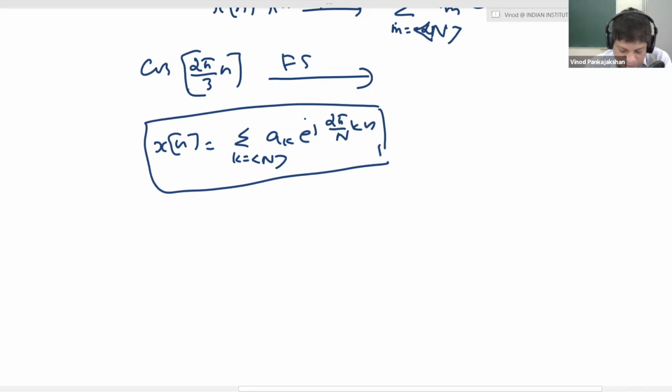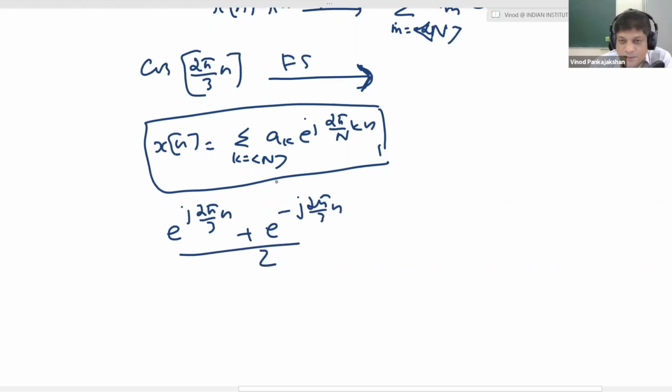My question is, what are the Fourier series coefficients of this cos 2 pi by 3 n? So what you have to do is, cos 2 pi by 3 n is e to the power j 2 pi by 3 n plus e to the power minus j 2 pi by 3 n, divided by 2. Now tell me what are the Fourier series coefficients?